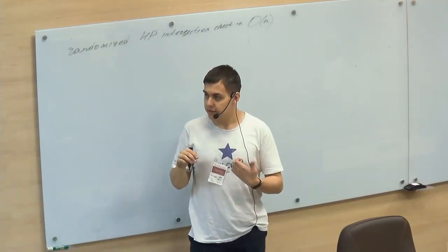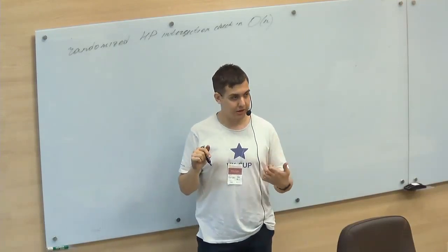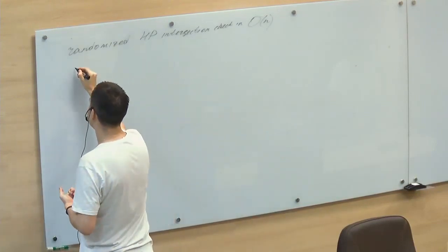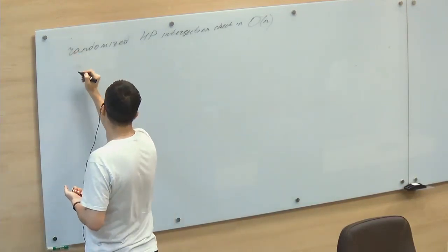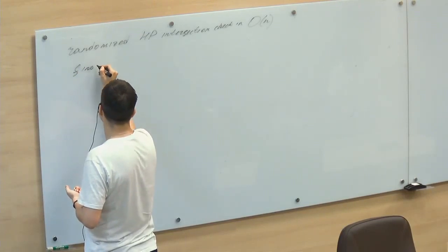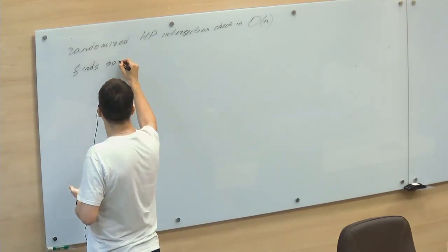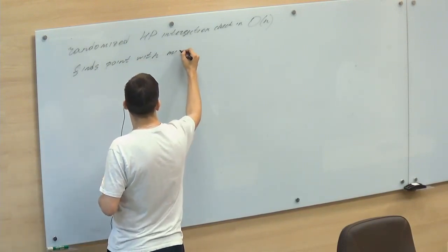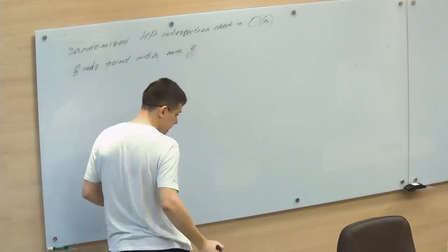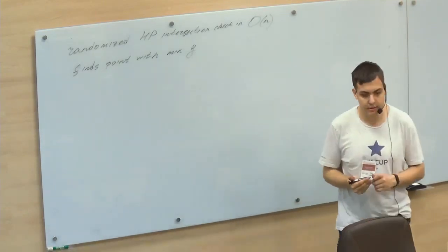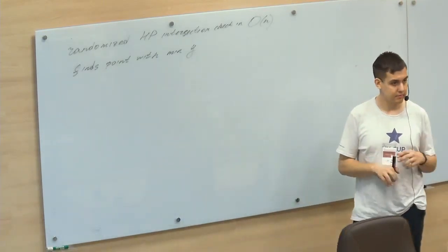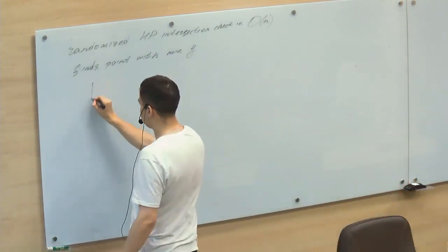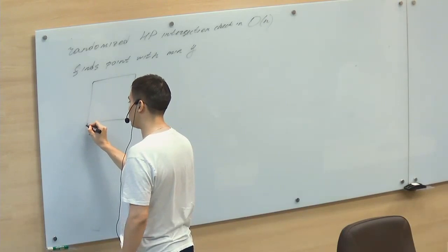Even more than that, this algorithm will find the point, let's say, with the minimum y. So again, let's start with the box, and we'll use this point.